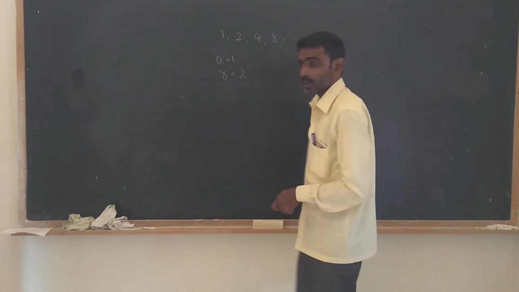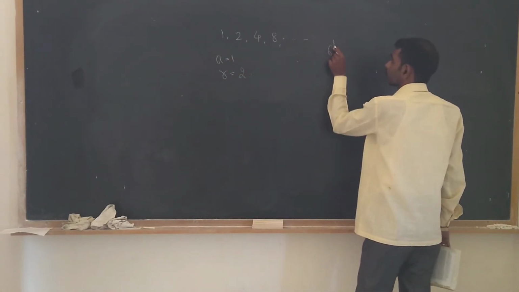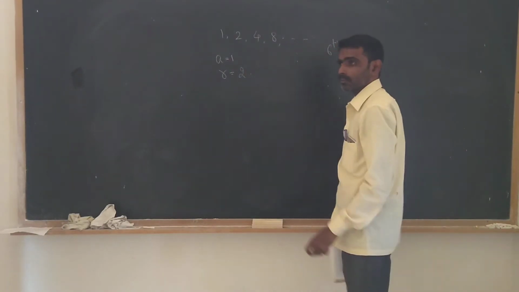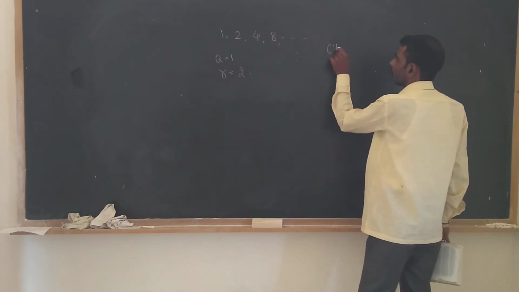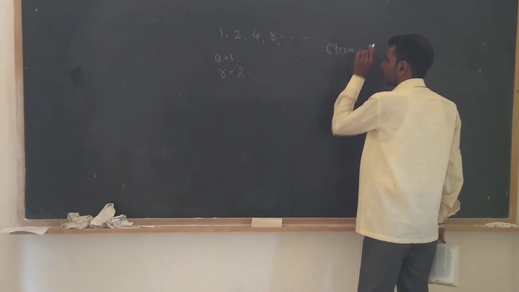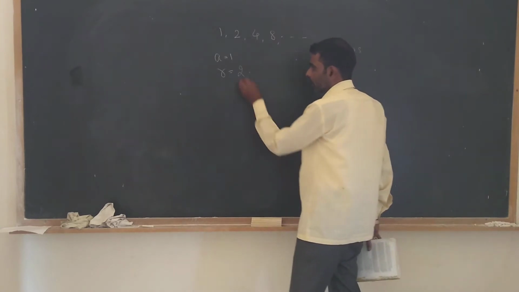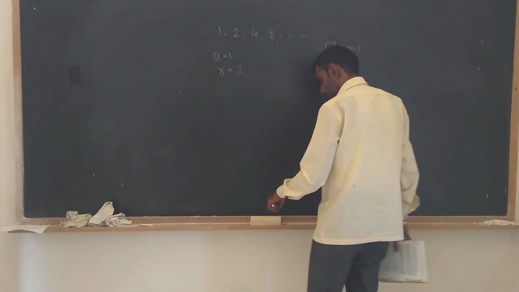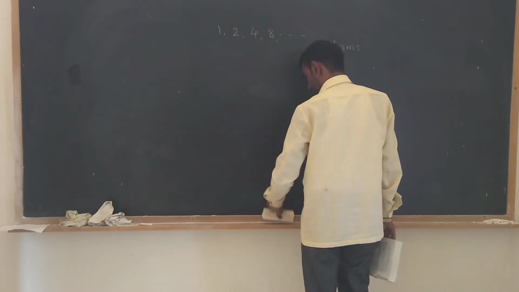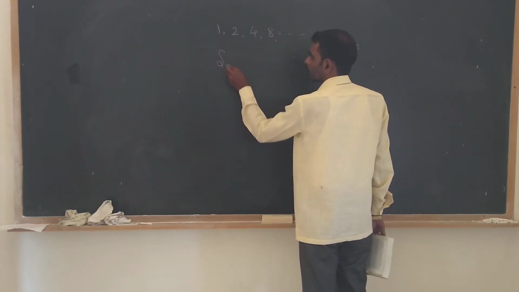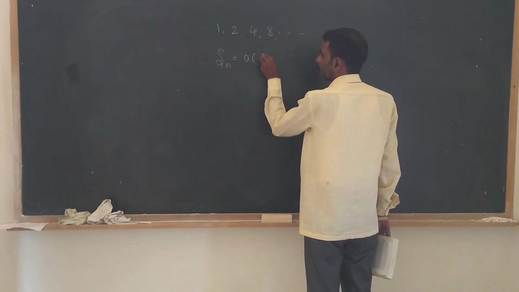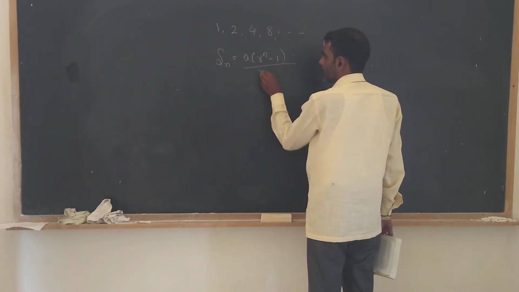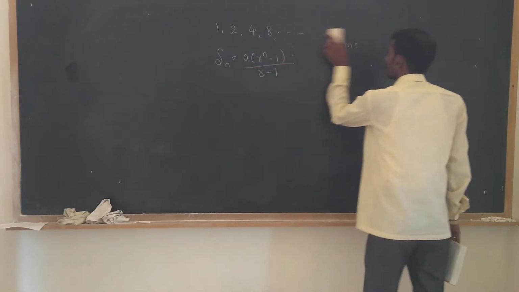So if you want to find the sum of the first 6 terms of a GP, here r is greater than 1. So the formula that you are going to apply will be Sn = a(r^n - 1)/(r - 1).